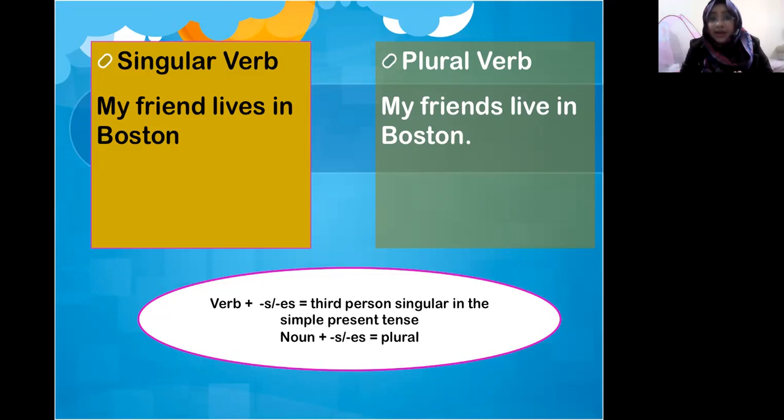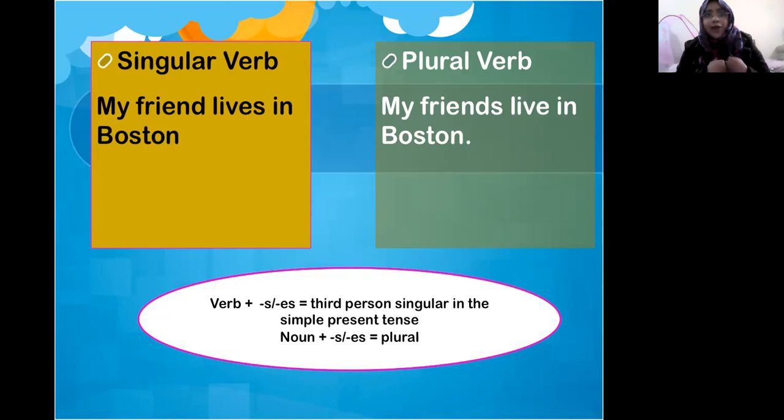If the subject of the sentence is plural, especially third person, then we have to use a plural verb. If the subject is first person or second person, then also, sorry, this is about the present tense.